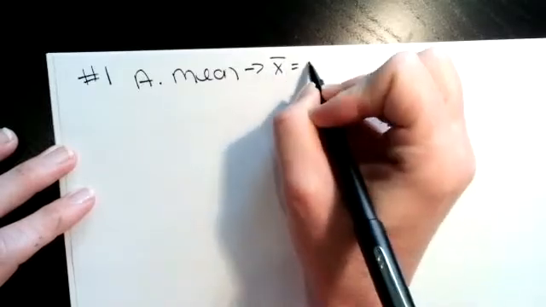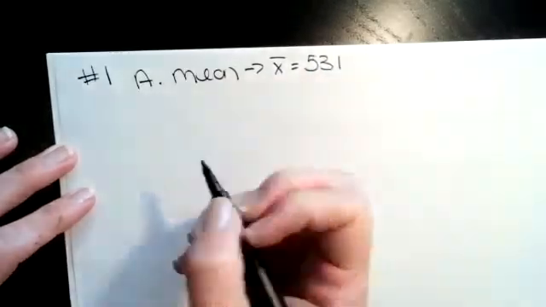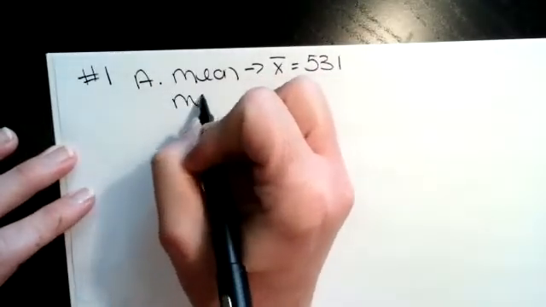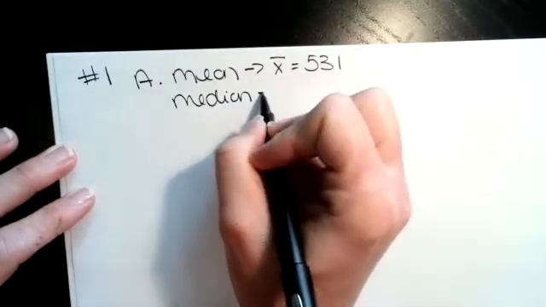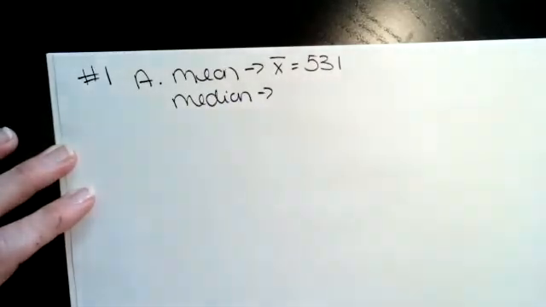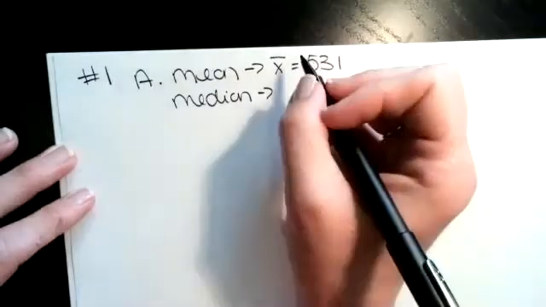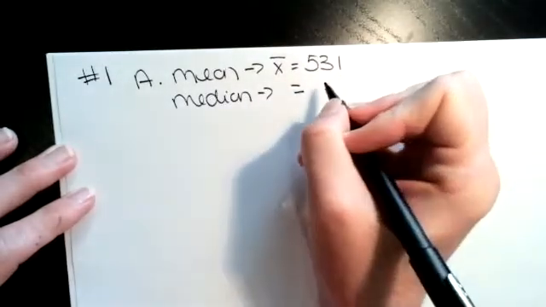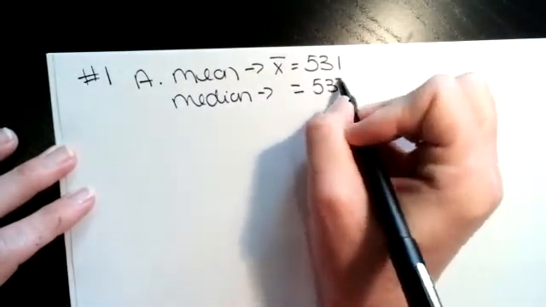That is my X bar value, and that is 531. Then the next one is the median. That's also quartile 2. I'm not going to label it like that because for the output it's not, it's median. And that actually is 533.